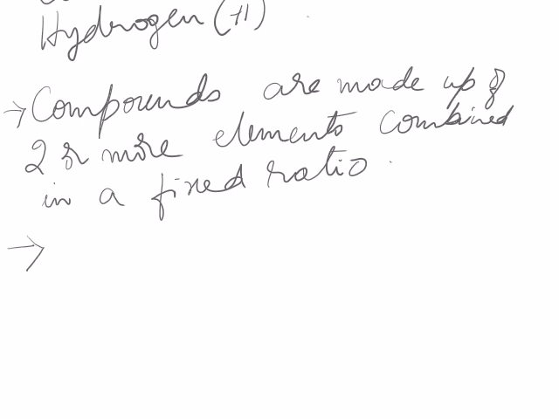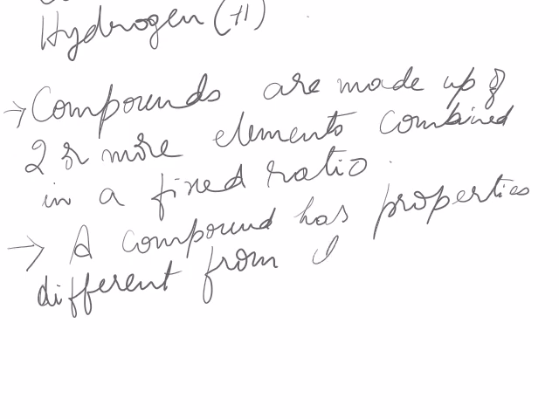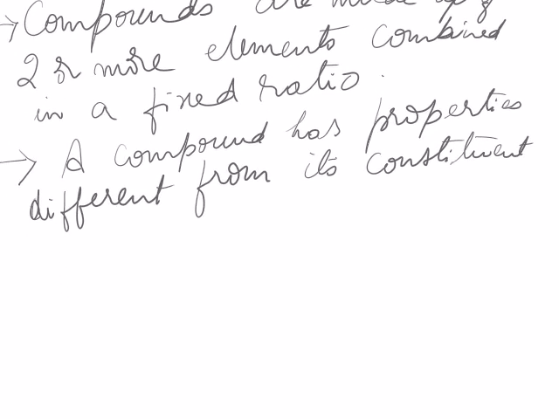The next point that we will learn, a very important point about compounds: a compound has properties that are different from its constituent elements, that is, the elements which form the compound. A compound has properties different from its constituent elements.